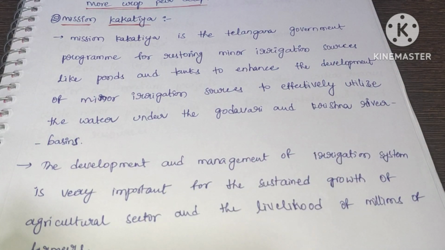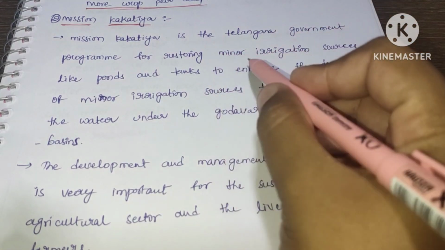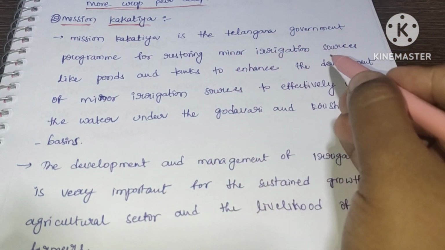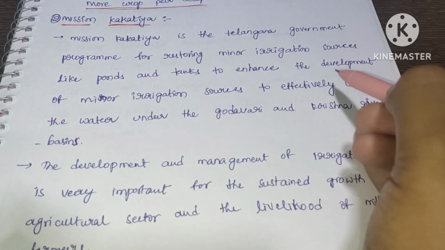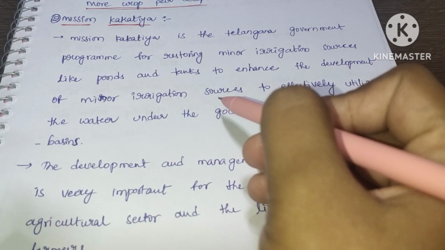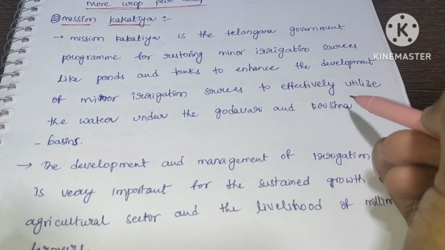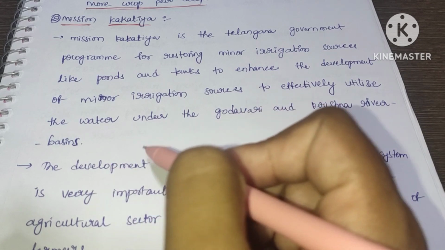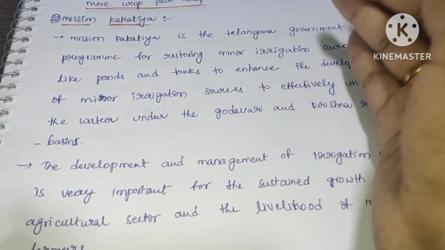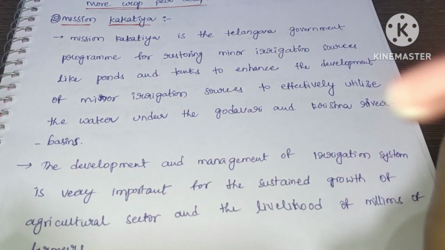It was initiated by the Telangana government for restoring minor irrigation sources, meaning ponds and tanks. This is the main initiative of Mission Kakatiya.